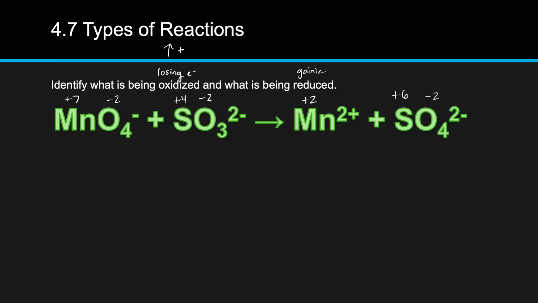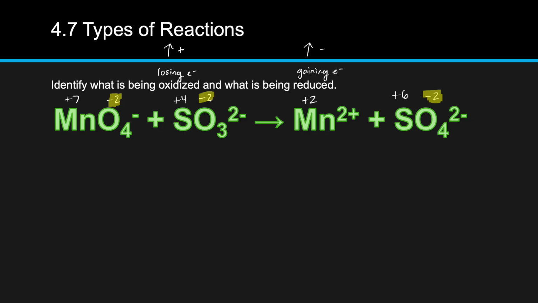And when we are gaining electrons, because they are negatively charged, we are increasing our number of negatives. So we are increasing the negative charge or negative oxidation state. So I can see on all oxygens, I have a -2, which means oxygen is not being oxidized or reduced because its oxidation state in all components of the chemical reaction is -2.